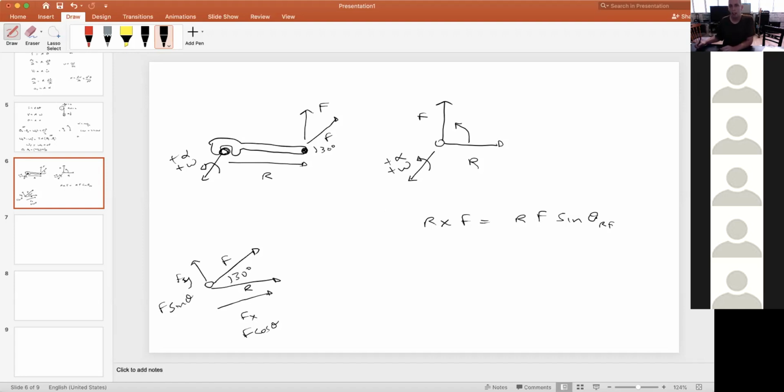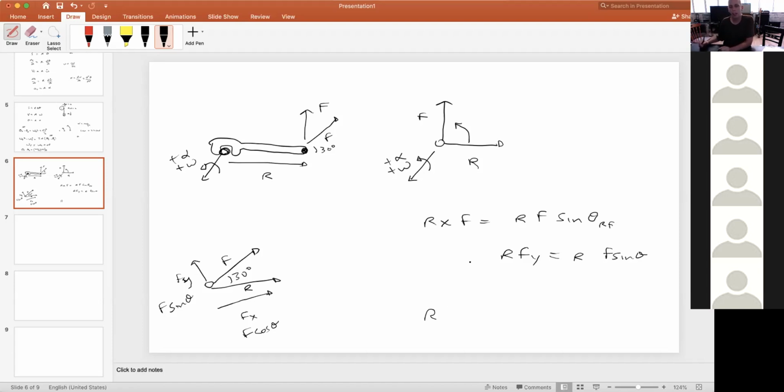On a cross product, if the angle's 0, you get nothing, right? So this has to be R times Fy, which is RF sine of the angle, okay? It's positive because the angle between R and Fy is positive, right?